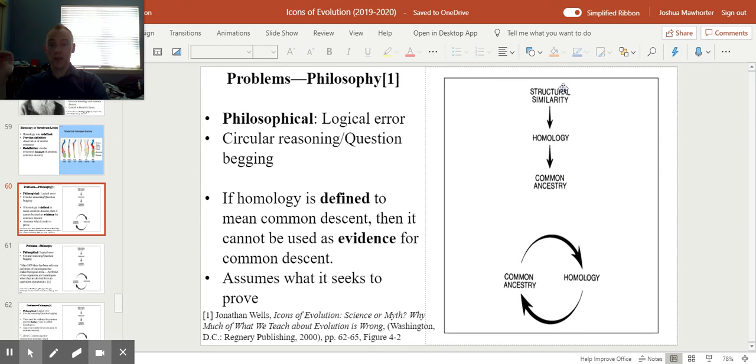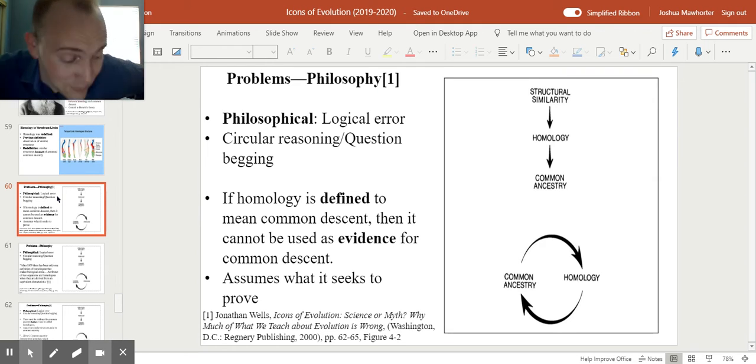Well, because the structures are similar. That's called homology. And homology, by definition now, means that it is similar because of a common ancestor. So common ancestry and homology go in this viciously circular argument. So if homology is defined to mean common descent, then it cannot be used as evidence for common descent. This is question begging. This is circular reasoning.